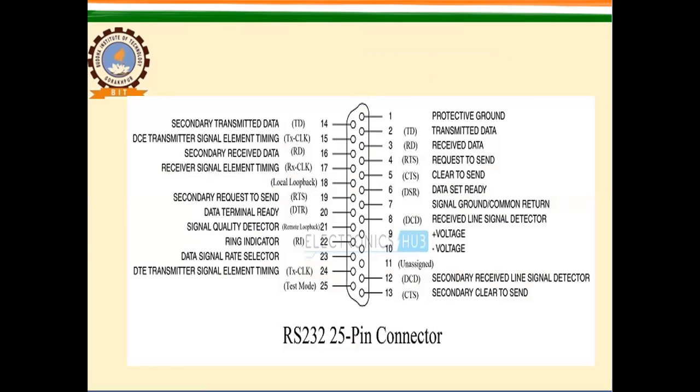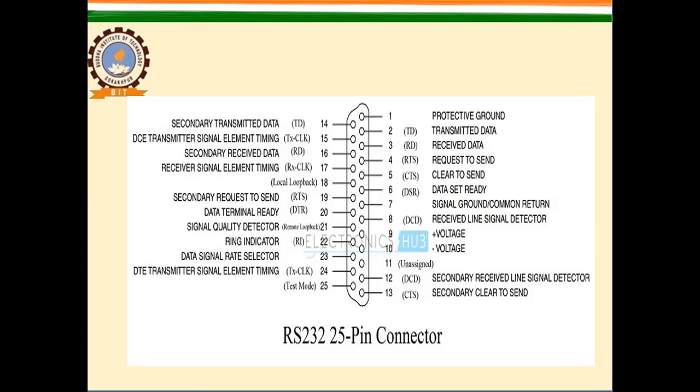Pin number 1 is used as a protective ground. Pin number 2 is used for transmitting data. Pin number 3 is used as a receiving data terminal. Pin number 4 is used for the request to send signal. It is used for requesting a signal to be sent.